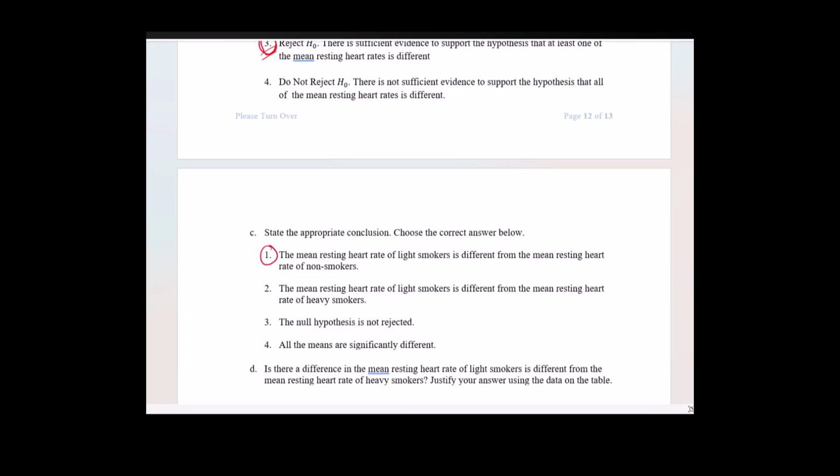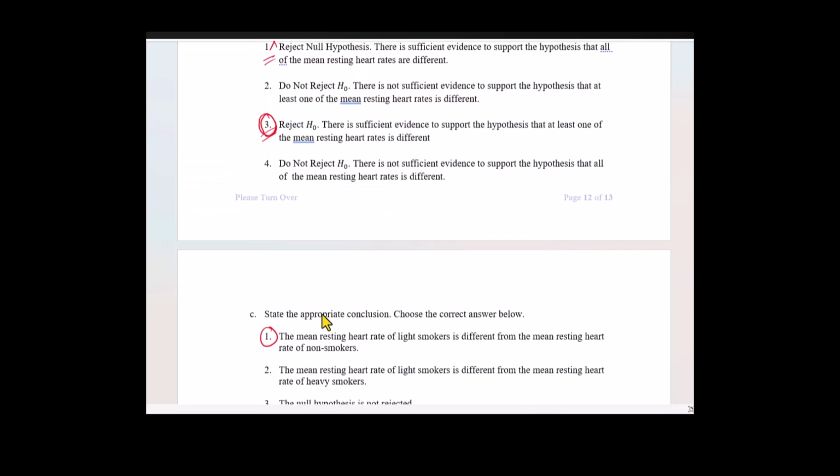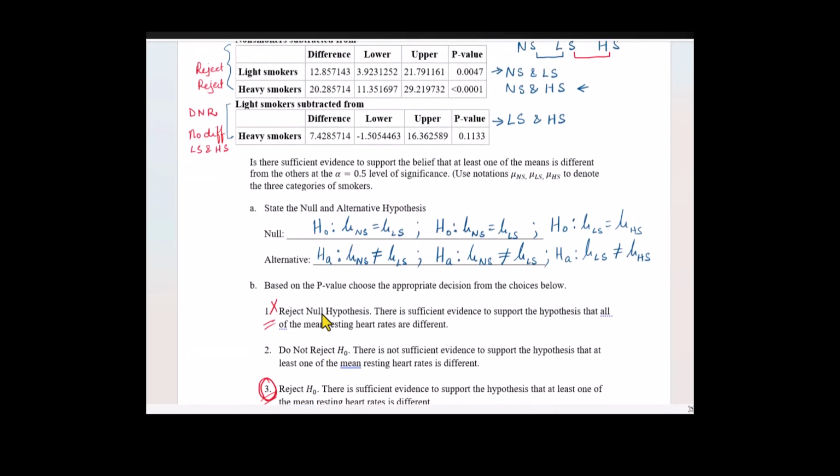But let's look at the other ones. Number 2 states the mean resting heart rate of light smokers is different from the mean resting heart rate of heavy smokers, which is not true. If we go back to the table, we will see that light smokers and heavy smokers here, they had a negative sign for the lower end, a positive sign for the upper end.